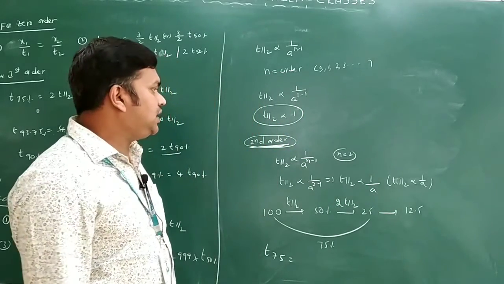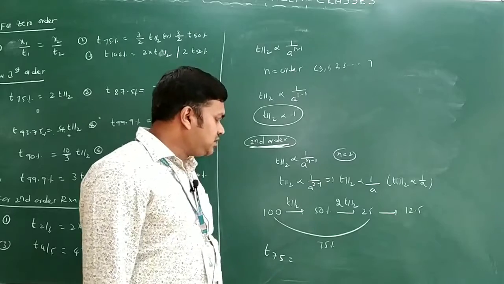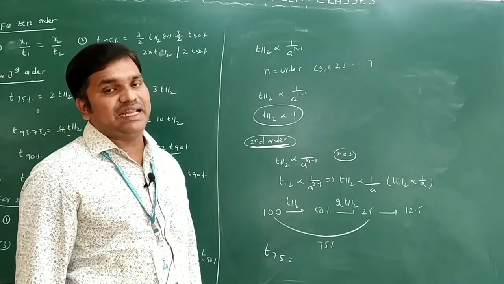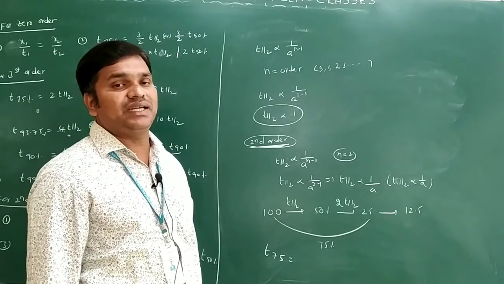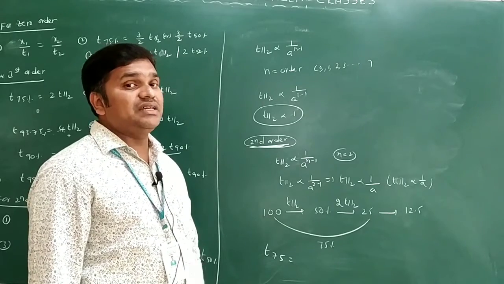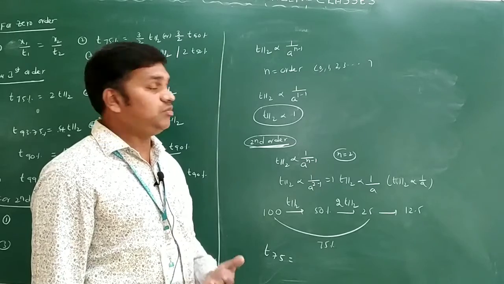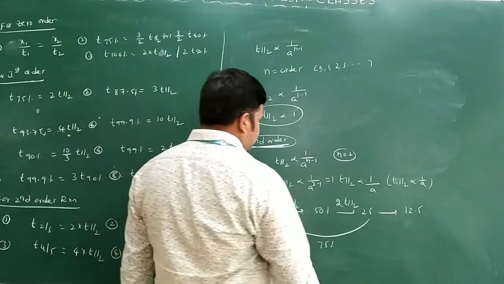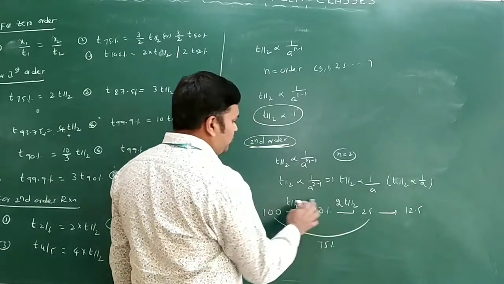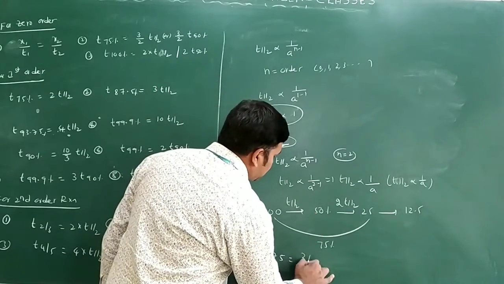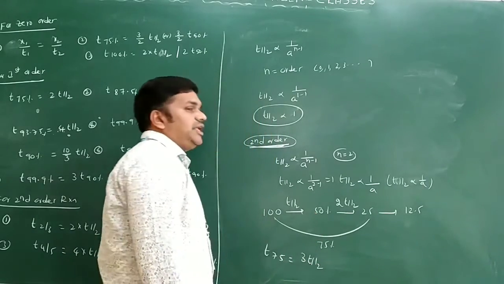Why here? Here time is what? Suppose here time increases. Time increases, initial concentration decreases only. That increased value is double. It will present in the form of double the value. So T 75%, suppose I am taking here, this is 2 T half plus T half, this is 3 T half.